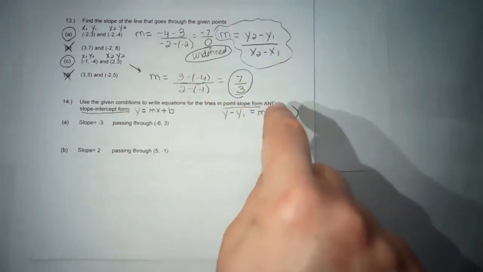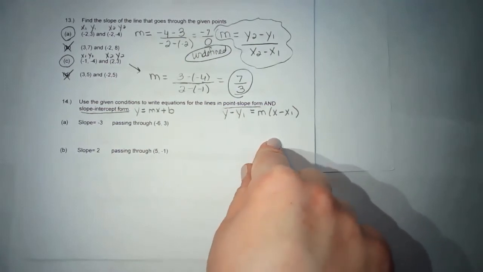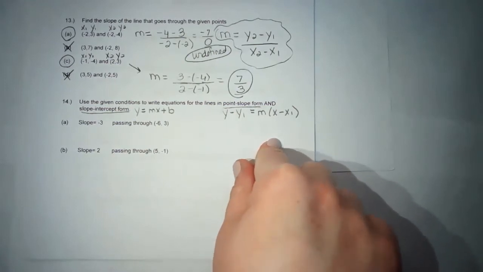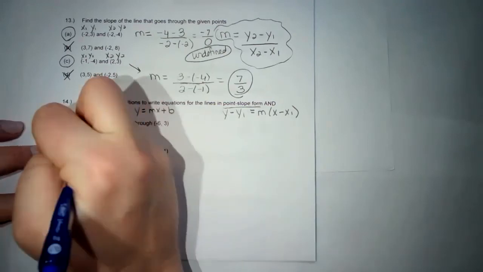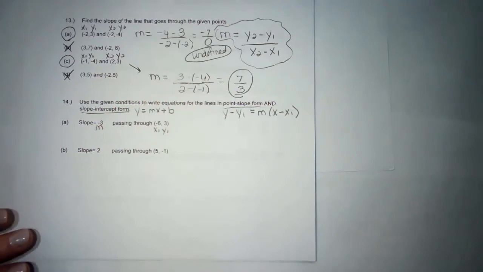You are going to have to go through point slope form, even if it doesn't tell you you need it. So here's my m and here's my x1, y1.